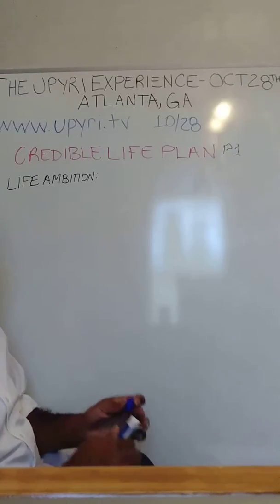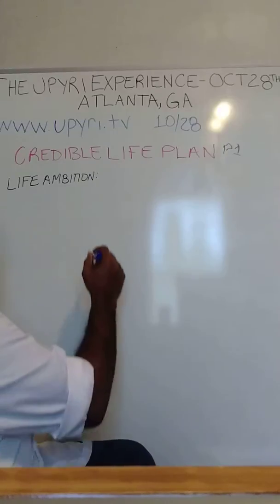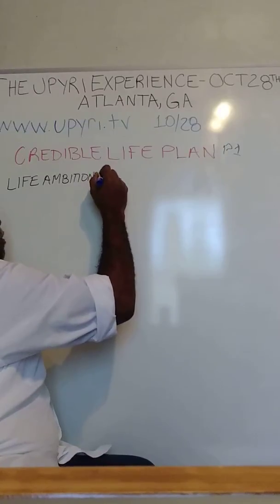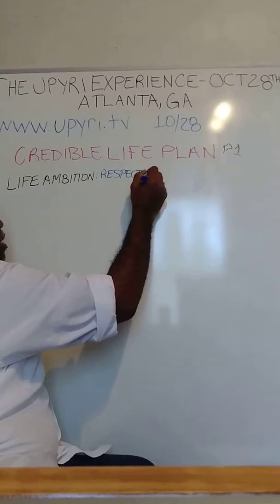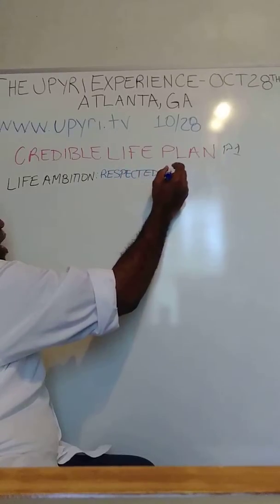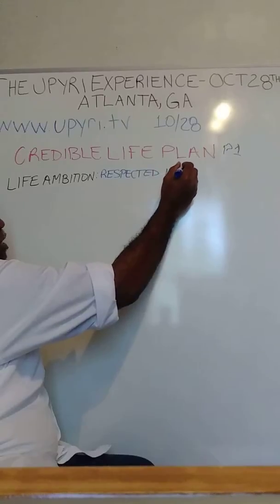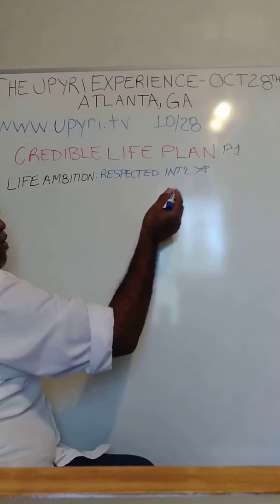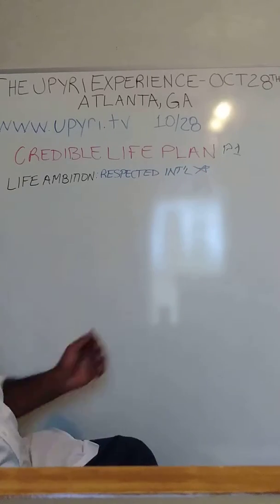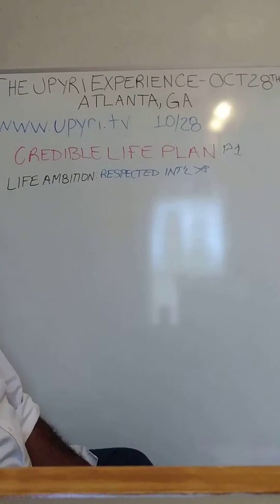So for that life ambition, I'm going to put "respected int'l", and then we're going to put a little star here because it's fun. But respected international star, because we need to save space.